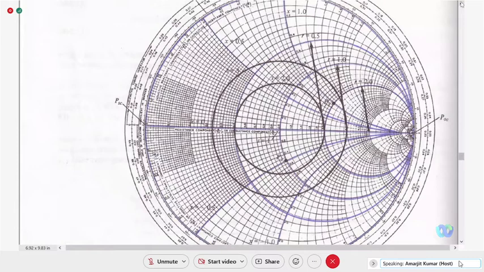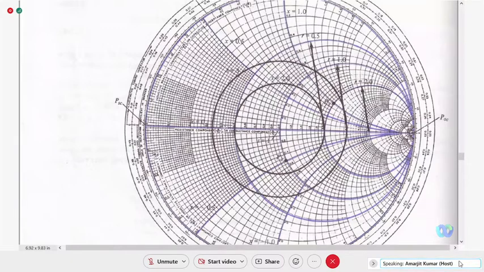So where will be the minimum and maximum voltage? Where the input impedance, and here we are talking about the normalized impedance, is maximum, that will be on the positive gamma R axis, the real part of the reflection coefficient.